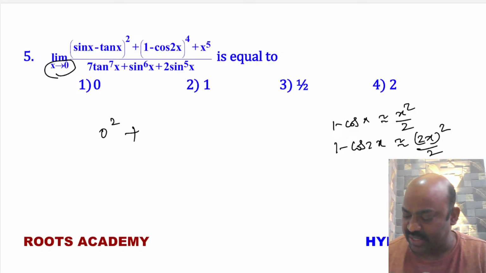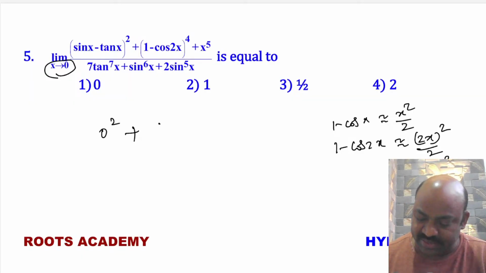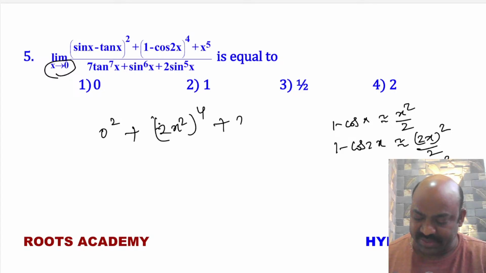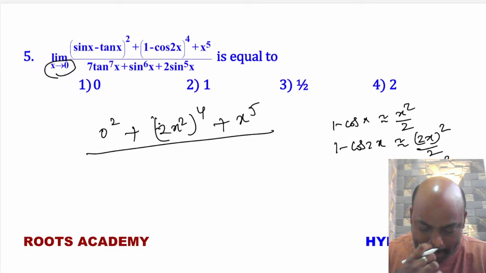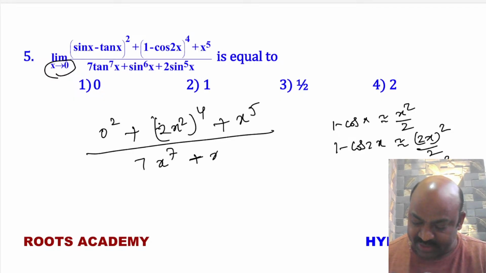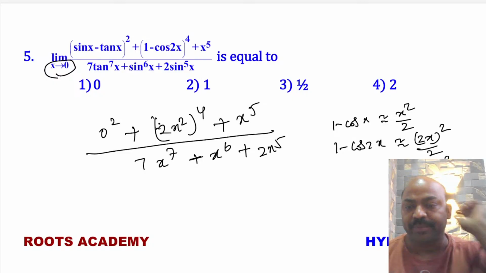That's nothing but 2x square. So you can write it as 2x square whole power 4 plus x power 5 by, the denominator is 7x power 6 plus 2x power 5. This is what we have.